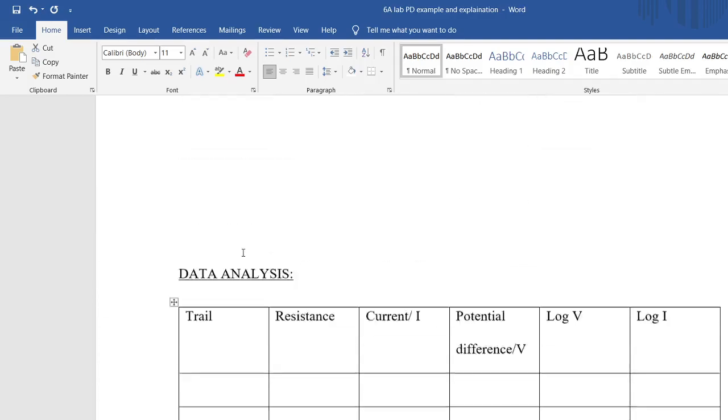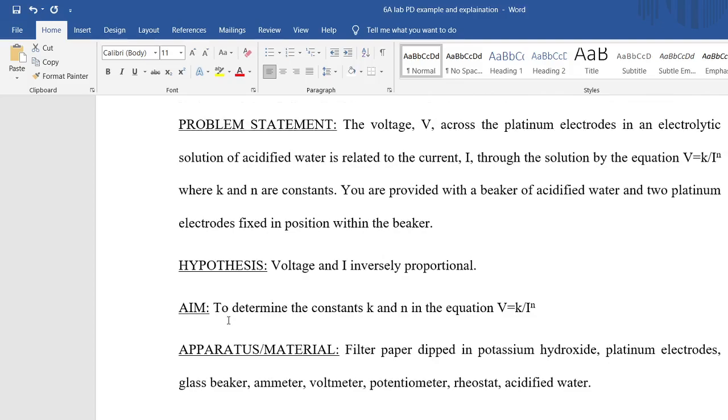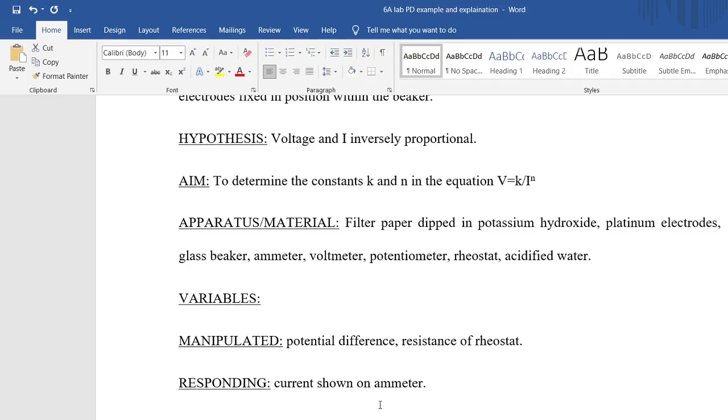Since it's in your problem statement, look at your aim. It says to determine the values of K and N. Notice that the list of apparatus was in that diagram. Manipulated: control the volume of the acid. That's okay.